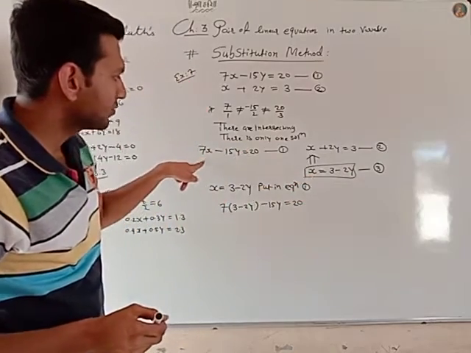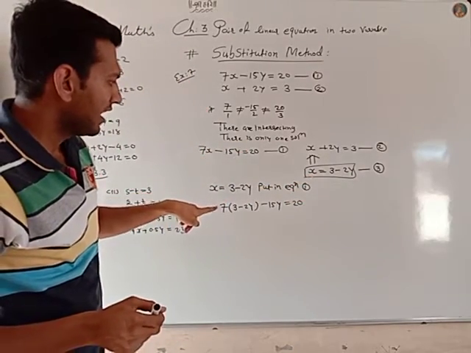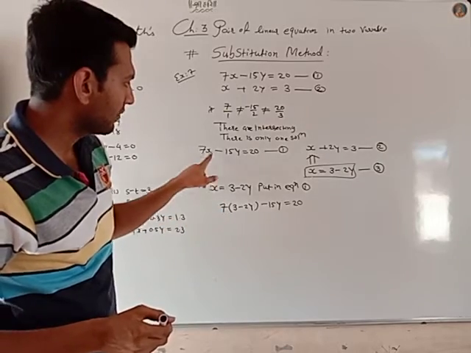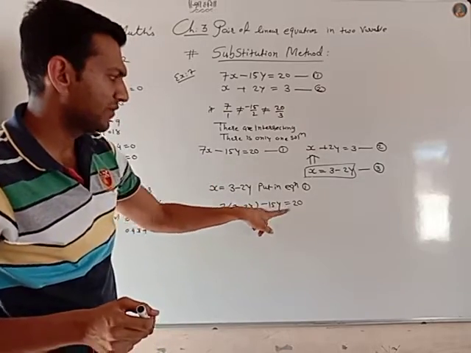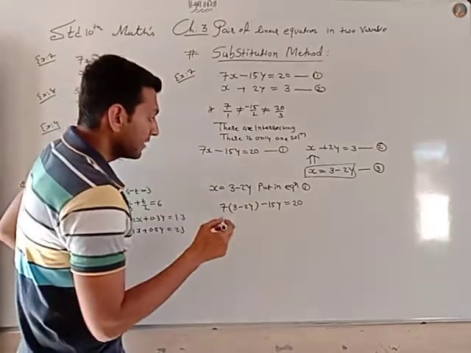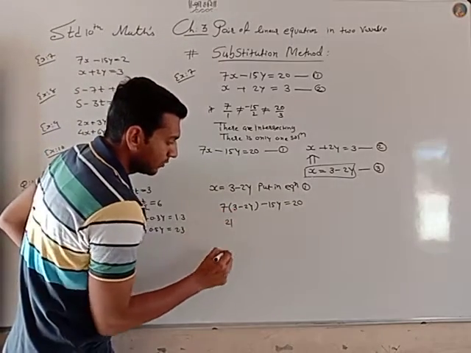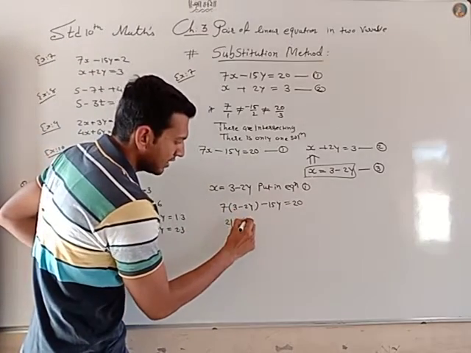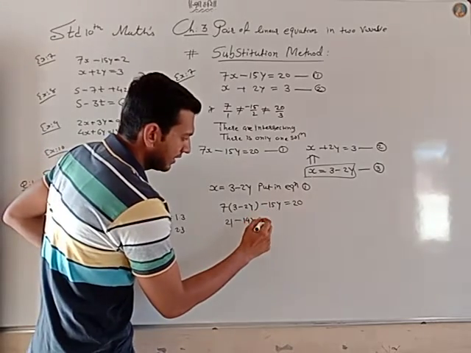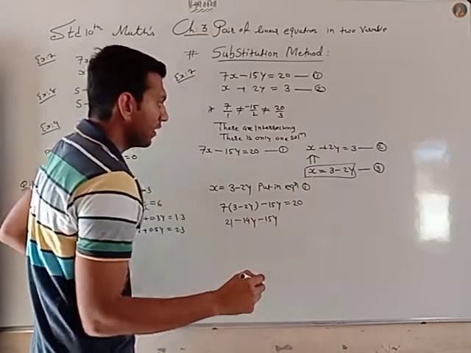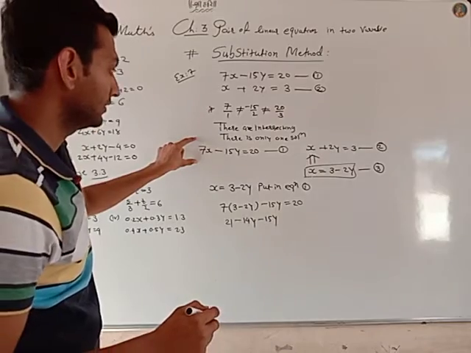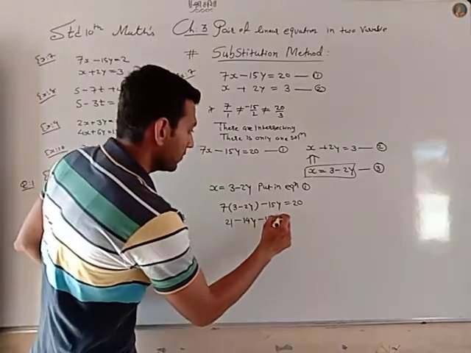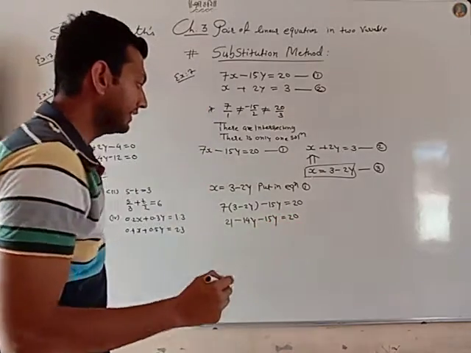The value of x is put in equation number 1. I got 7 bracket 3 minus 2y bracket, minus 15y is equal to 20. 7 threes are 21, 7 twos are 14y, minus 15y is equal to 20.